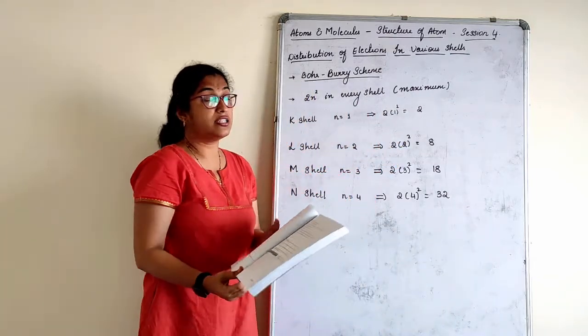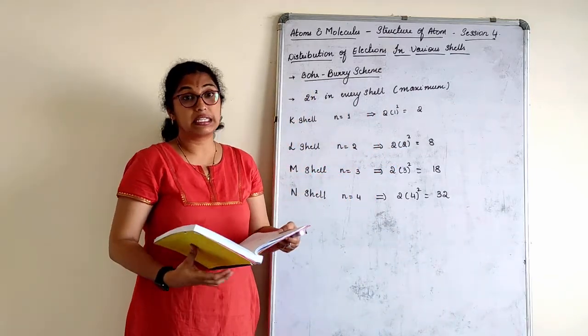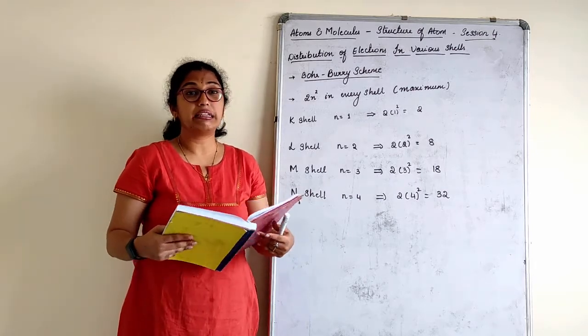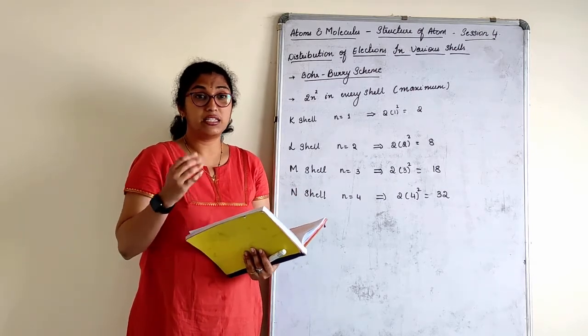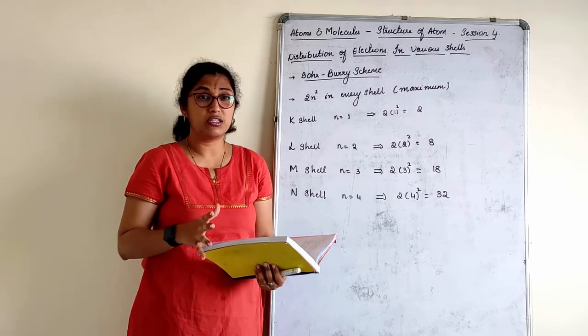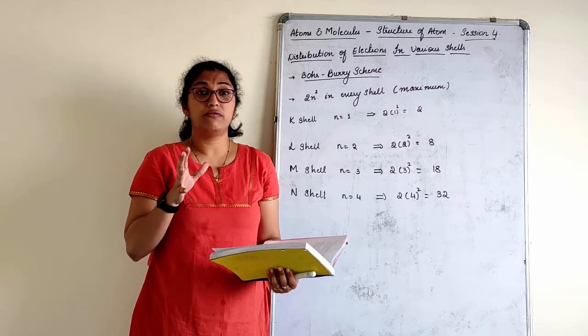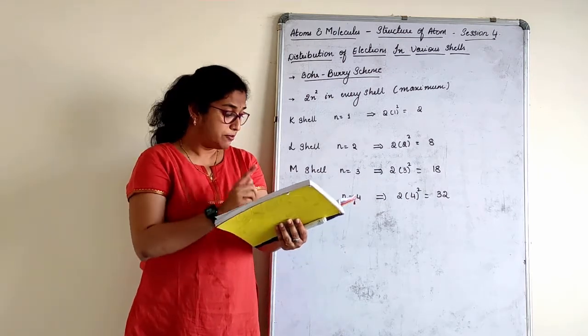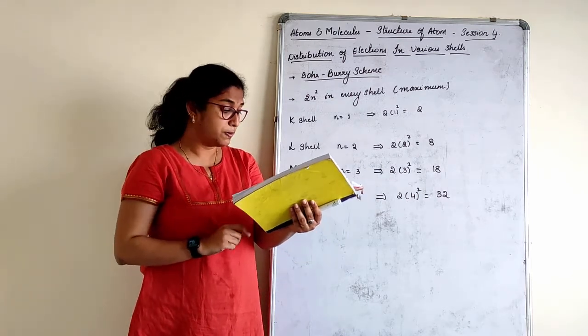Now, writing is very important, children. Usually questions are asked: Describe the Bohr-Bury scheme. How do you write? Again, all these theories, models, postulates, assumptions, observations and conclusions are to be understood in your own words and language. But you need to write as it is given in the book. Let me just read this part. What does this Bohr-Bury scheme tell?